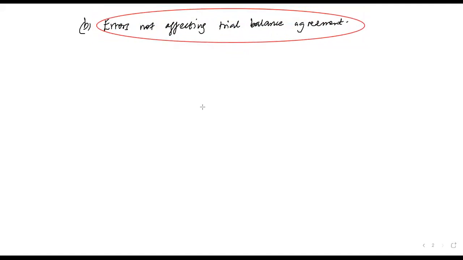So let us look at these errors one by one. Remember, as I told you, that in accounting, we normally follow the double entry system. Let me state the rule here, which we always have to follow.